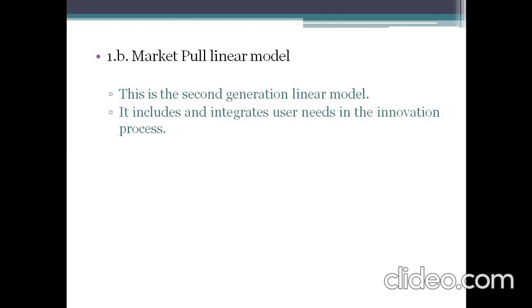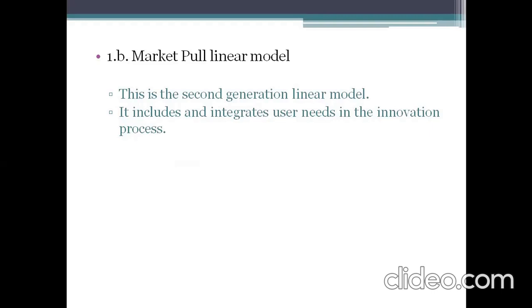So that is the basic difference between the technology push model and the market pull linear model. Technology push is where they just try to force us to buy the product they have developed. On the contrary, in the market pull linear model they ask the customer first what they require, what they expect, and then they offer the product to the customer.